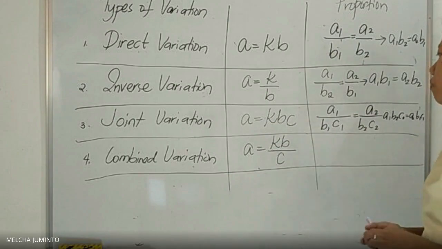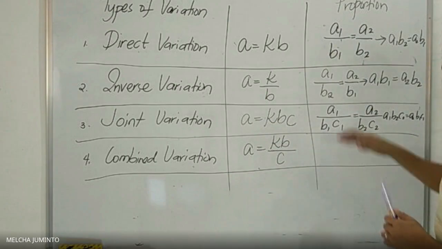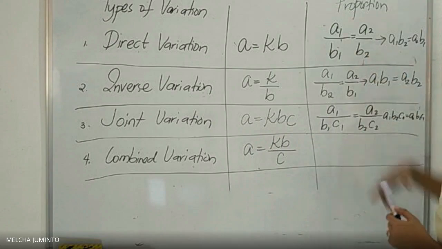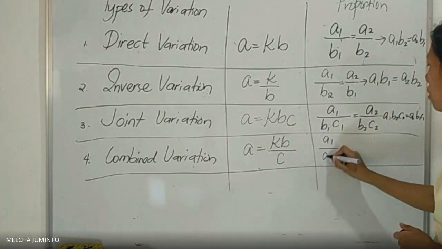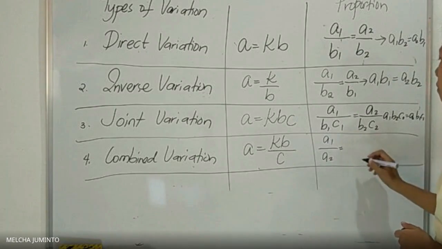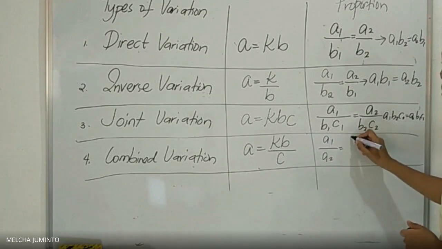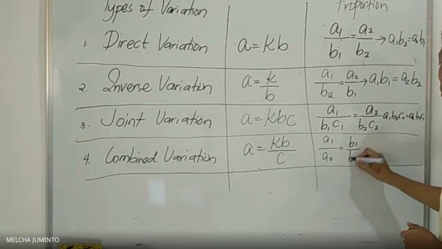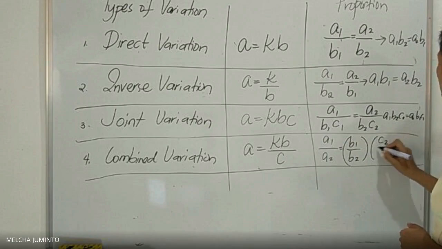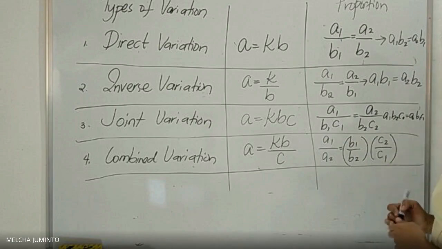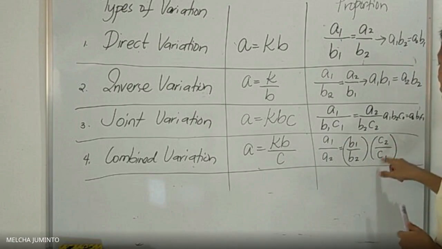And then last, we have the combined variation. It will be based on the combination of the two. So you will get A sub 1 over A sub 2 equals, you will now write B sub 1 over B sub 2 times C sub 2 over C sub 1. We'll interchange C. Okay?